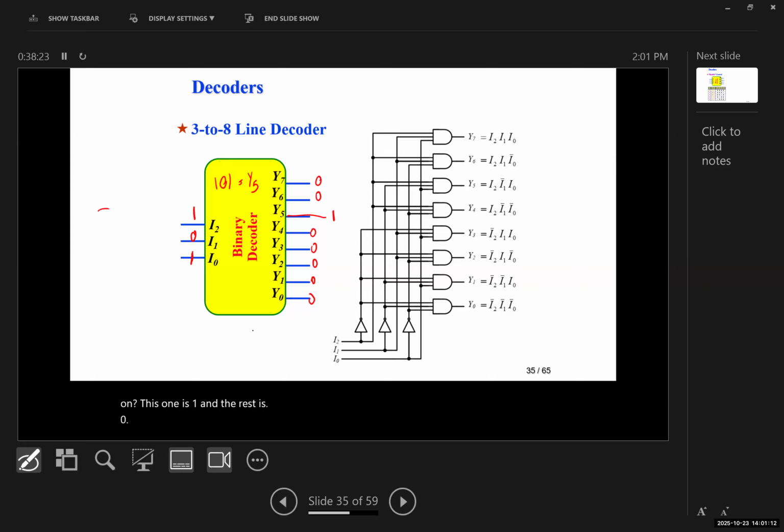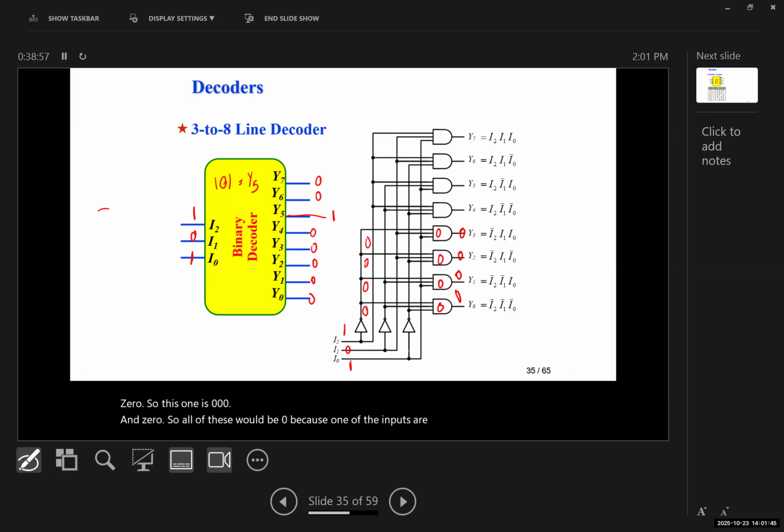Now let's check it on the circuit as well. So 1, 0, 1. Because we have 1 at I2, the output of the NOT gate would be 0. So all of these are zeros. And in an AND gate, if only one of the inputs is 0, the output would be what? 0. So all of these would be 0 because one of the inputs is 0.